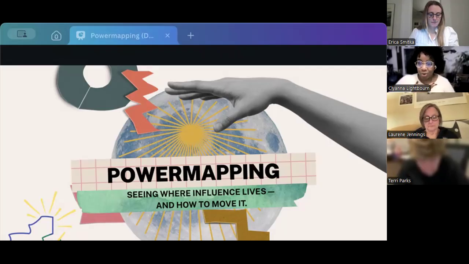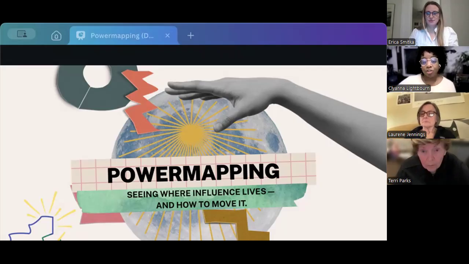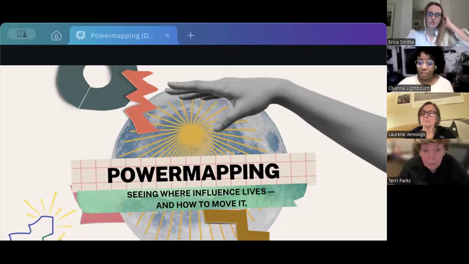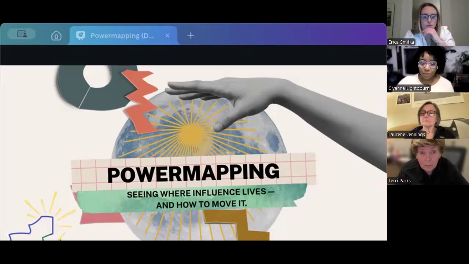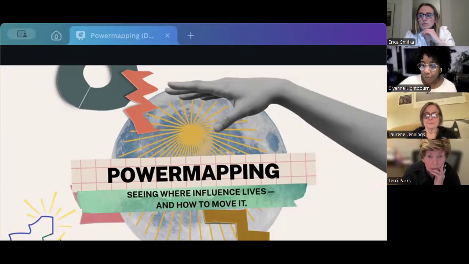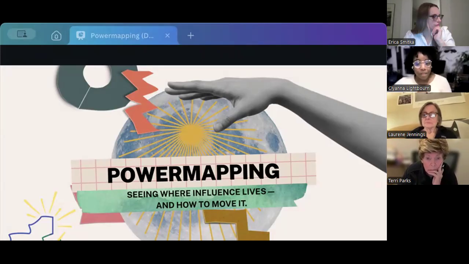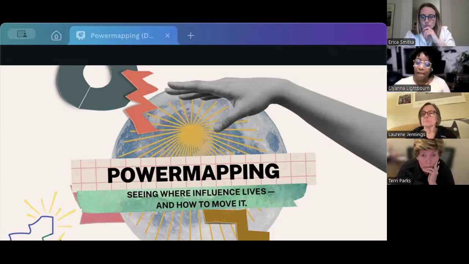The Democracy During Detention Act, which I'll refer to as DDDA for the rest of this evening, ensures that every eligible New Yorker detained in local jails can register and receive a ballot. By the end, you'll know how to spot where influence sits, who connects to whom, and how to engage them so your democracy actually reaches everyone.